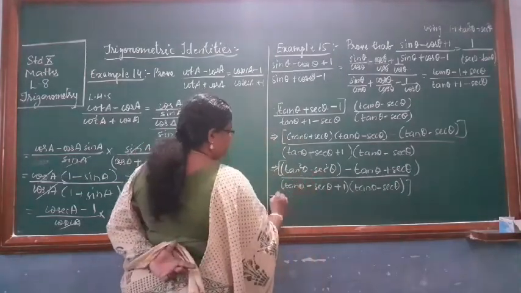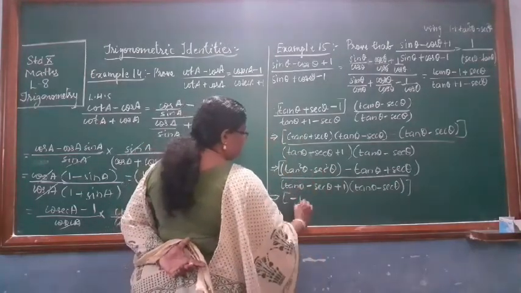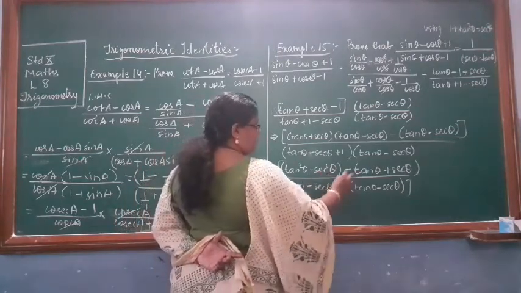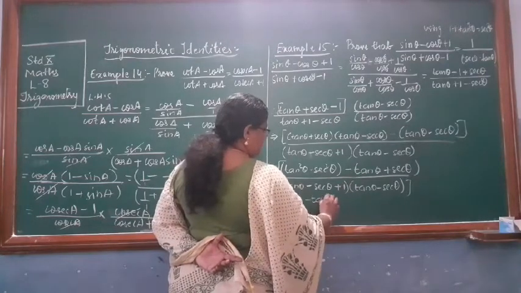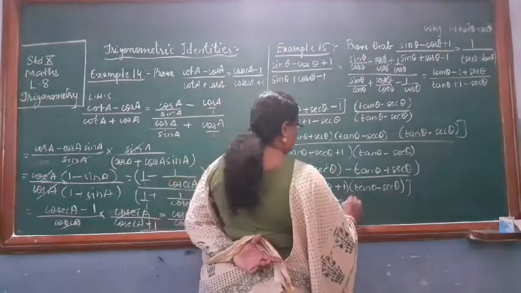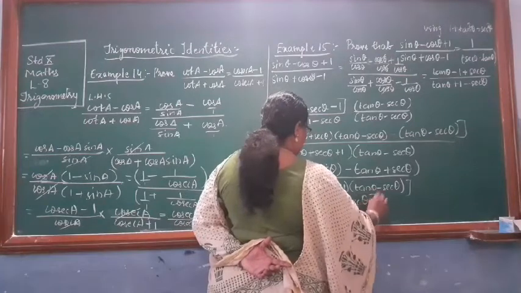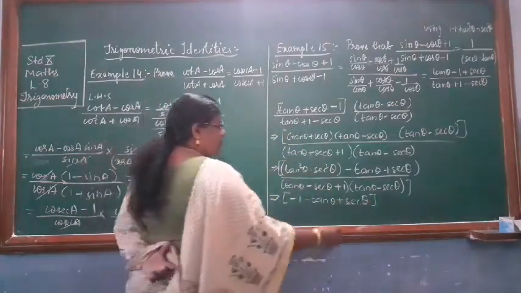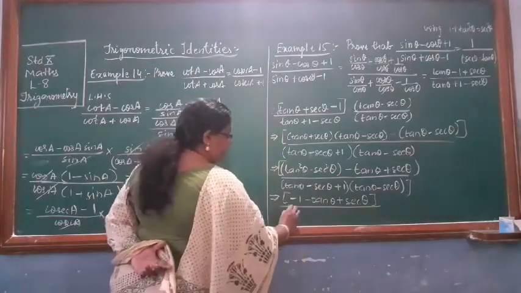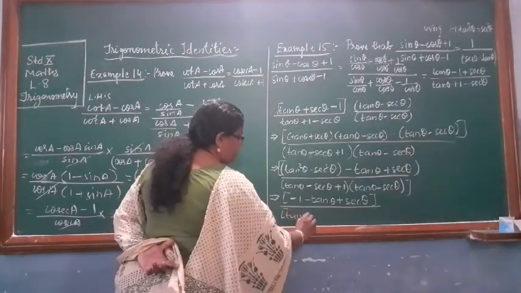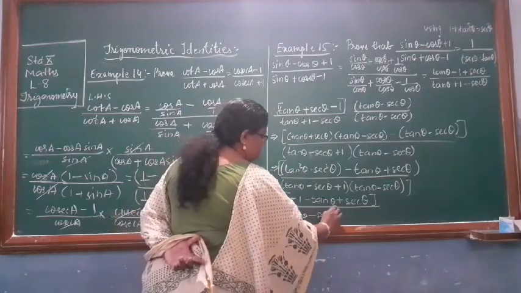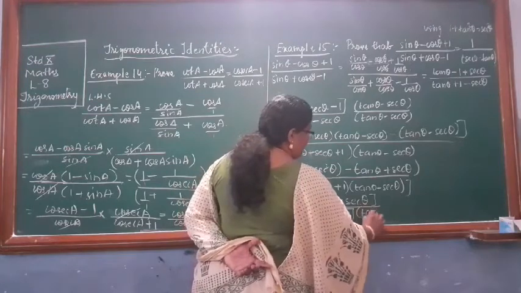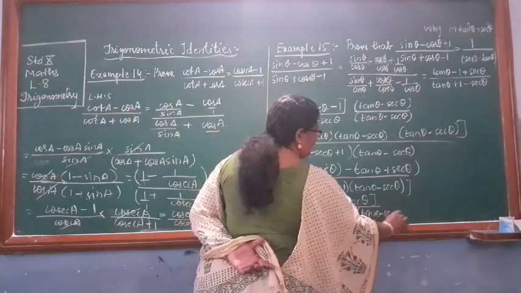So you have minus 1 minus tan theta plus sec theta. Yes or no? In the numerator I get it that way, and the denominator I have tan theta minus sec theta plus 1 into tan theta minus sec theta.